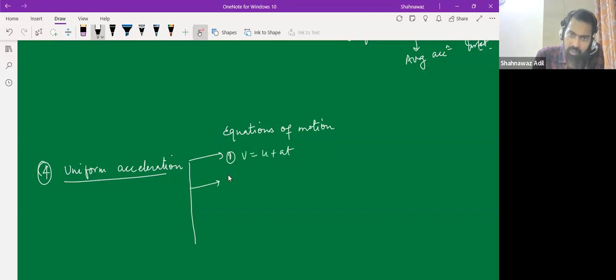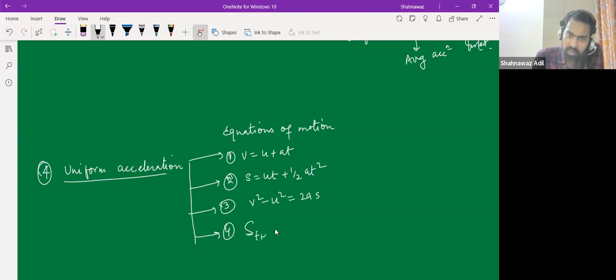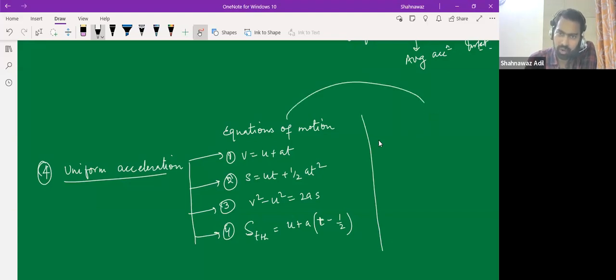Then we learned about s equal to ut plus half at square. And then we learned about v square minus u square equals 2as. And lastly, we also found out the distance in the nth second, which is u plus a by 2 times (2n minus 1). This we learned, right? And similarly, this was in vector form.